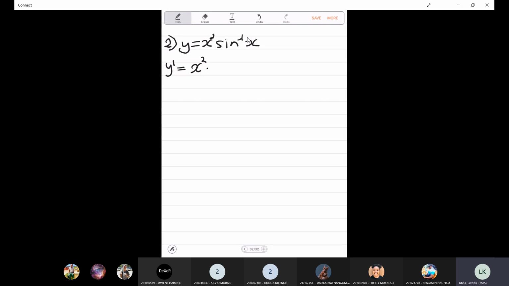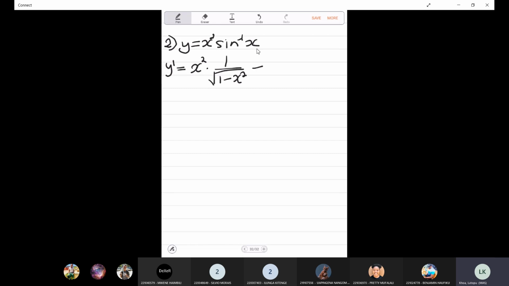The derivative of sine inverse of x is 1 over the square root of 1 minus x squared.